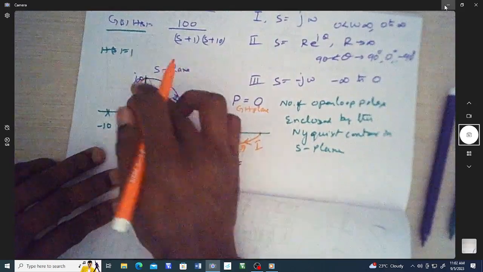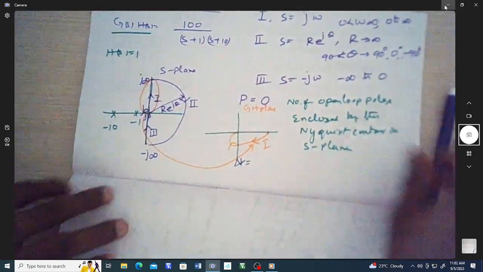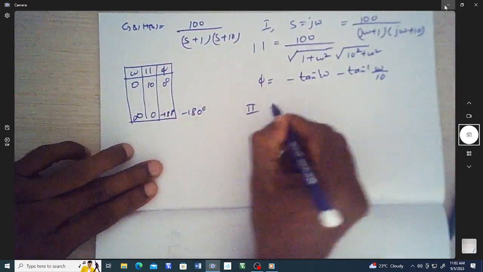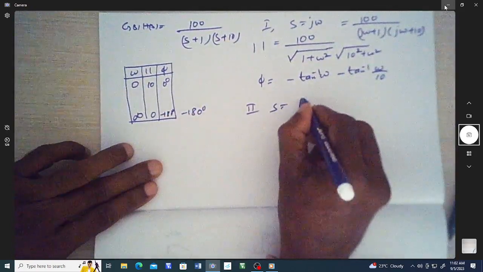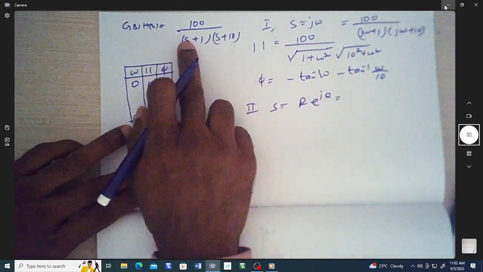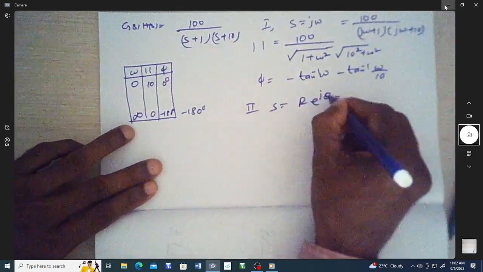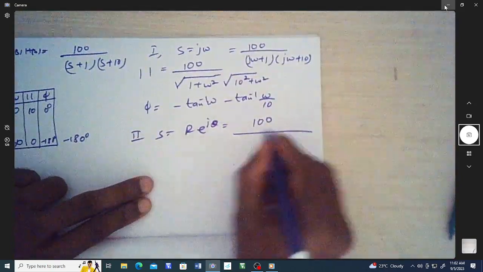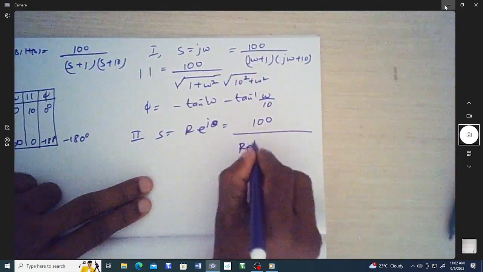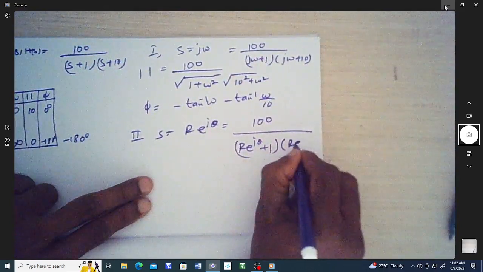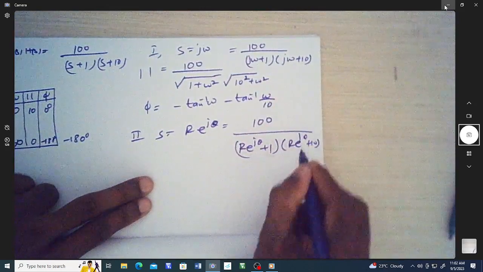Now let us map the segment 2. For mapping segment 2, we have S equal to R e power j theta. In this expression, wherever S is there, replace it by R e power j theta. Then this becomes 100 divided by R e power j theta plus 1, and again R e power j theta plus 10.